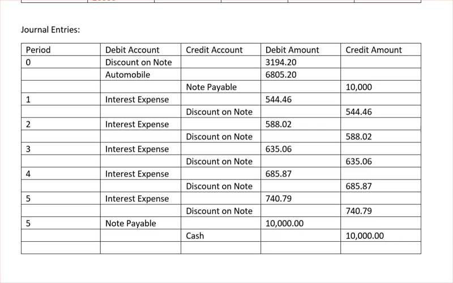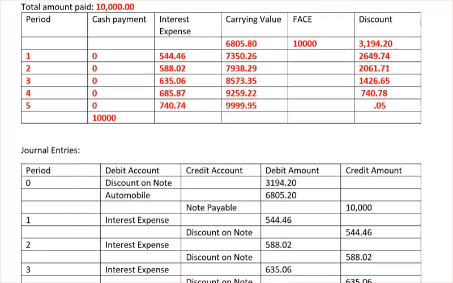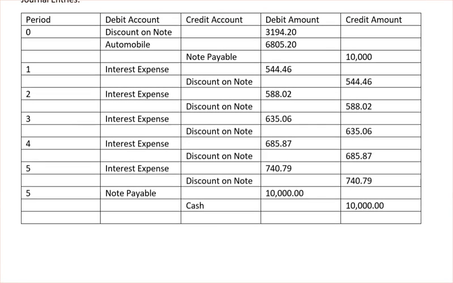In this case, we only have one component of interest expense, and that is amortization. And the amortization amount is coming from our table, which we have calculated and completed up here. So once you complete the table, then you can do it.